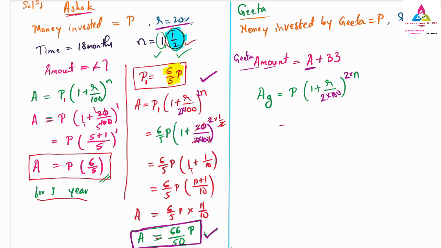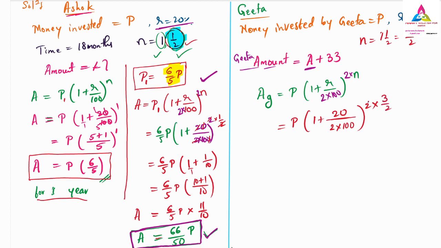Now what will happen? The principal amount we don't know, so we will take it as P. 1 plus R value is 20% for annual, but we are finding for 6 months, so divide by 2 into 100 raised to 2 into n, I have told n value is actually 3 by 2, because 1.5 year, that means 18 months, 1.5 year is nothing but 2 1s are 2 and 3 by 2, n value is 3 by 2, so we will write down that answer 3 by 2. Now what is going to happen?